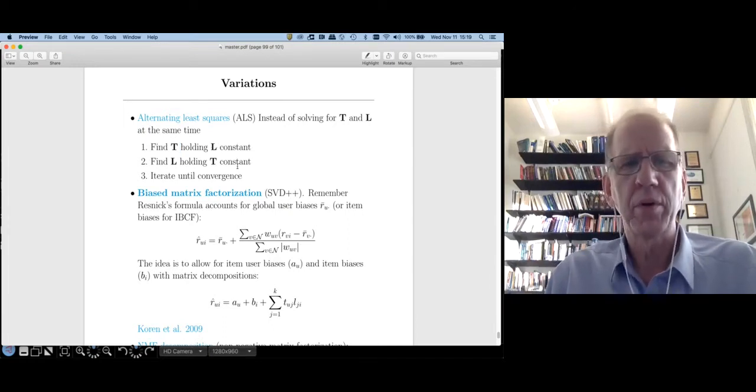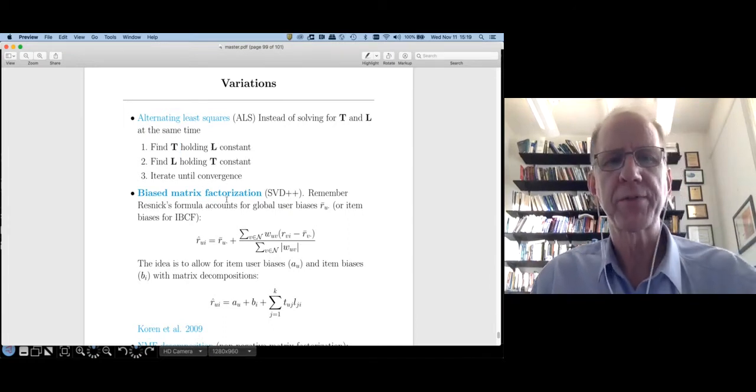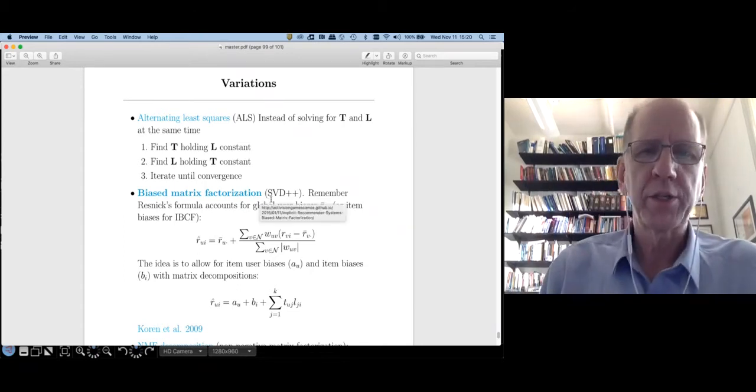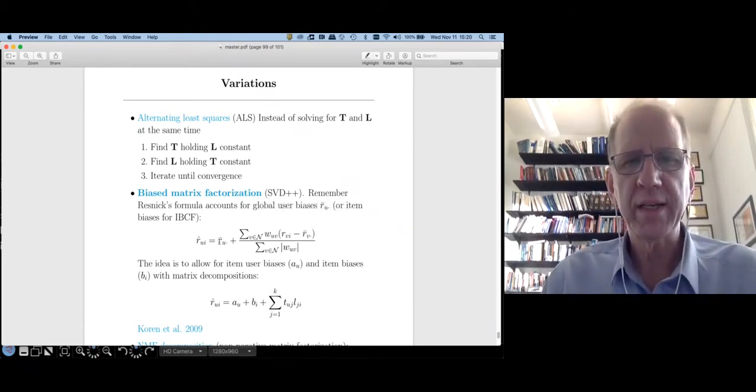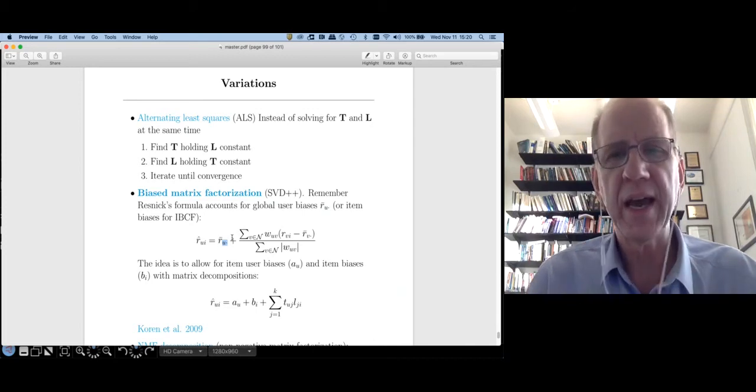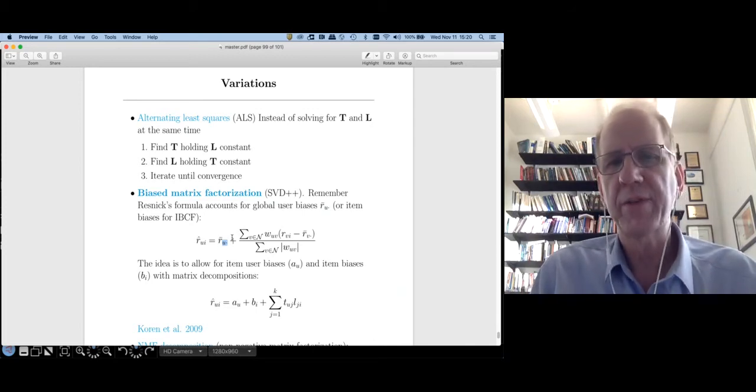Another approach is called biased matrix factorization. The idea is that we want to estimate user biases within the algorithm itself. Of course, this adds a ton of parameters that have to be estimated.